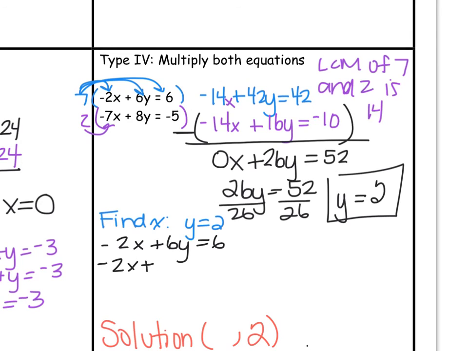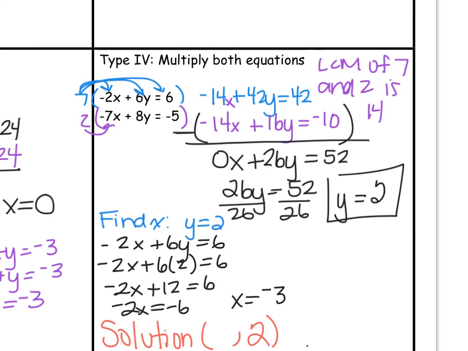And then I'm going to solve for x. So I get negative 2x plus 12 equals 6, and then I get negative 2x equals negative 6, divide by negative 2, and I get x equals a positive 3. So there's my solution. My solution is 3, 2.